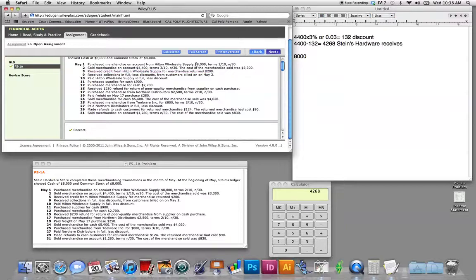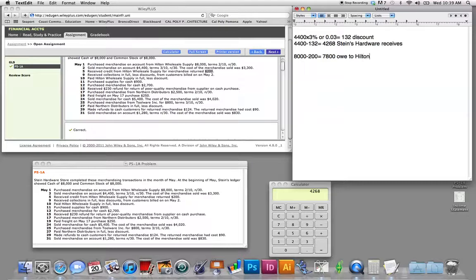So here's the $8,000 we're taking. $8,000 minus the $200, which we returned the merchandise on May 5th. So that would equal $7,800 that we owe to Hilton Wholesale Supply.